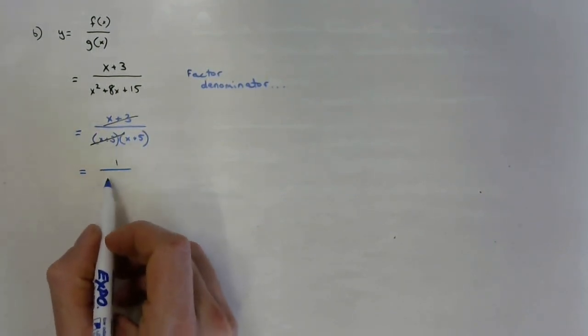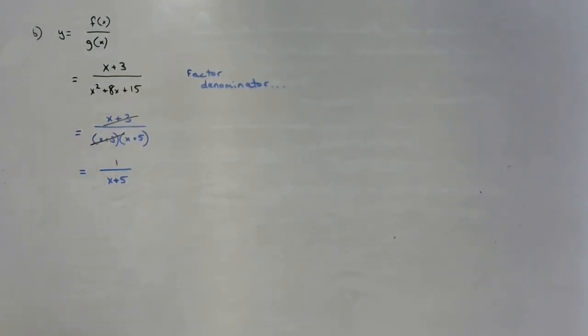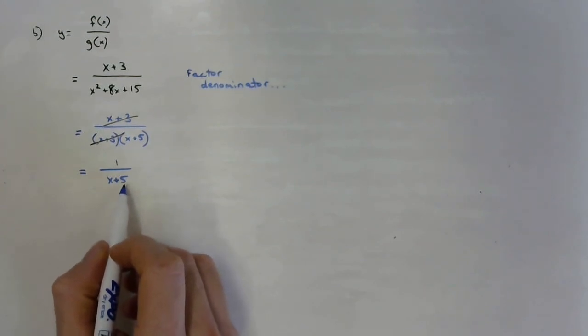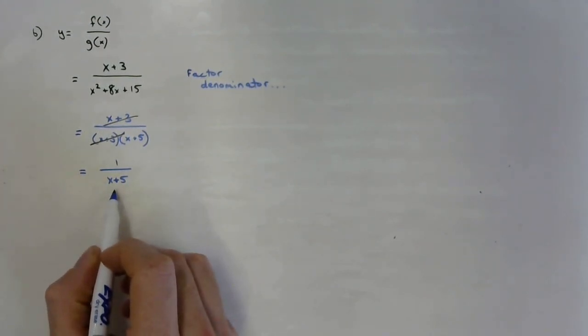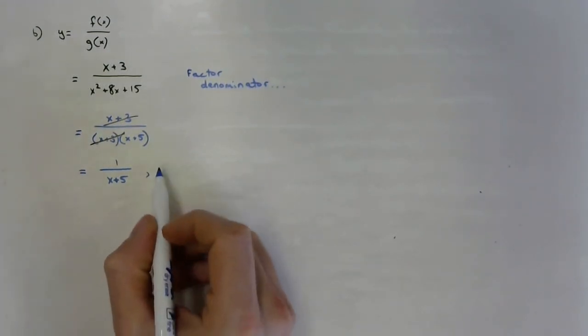Okay, so it's simplified to 1 over x plus 5, but if I wrote that as a final answer and I graphed it, I would get it slightly incorrect. There is a restriction: x can't be -5. So the one restriction that x can't be -5 is really obvious. It's there, but there's another restriction. X can't be -3.